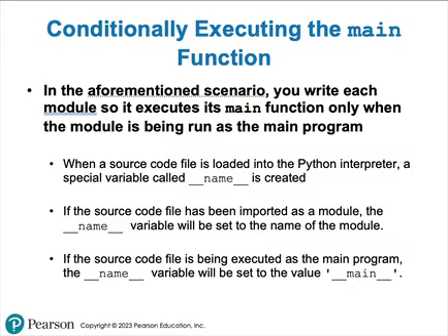So what you can do is use a special variable, underscore underscore name underscore underscore, actually it's 3 underscores I think, underscore name, and it creates it and gives it the name of the file. So you can check the name of the file that you load in and decide based on that value whether or not to execute the main program.